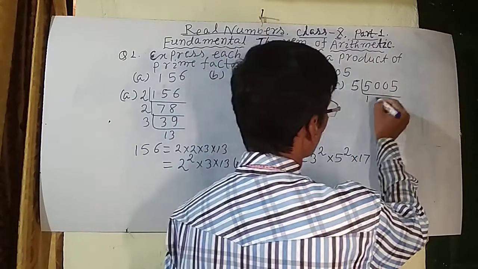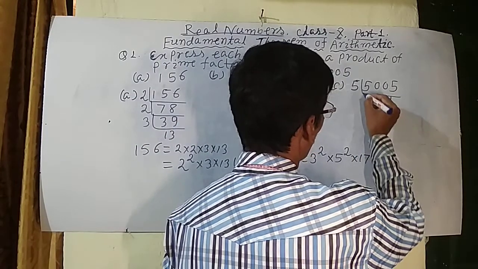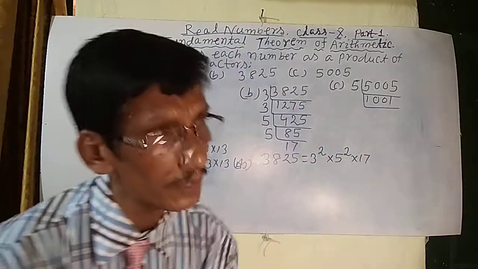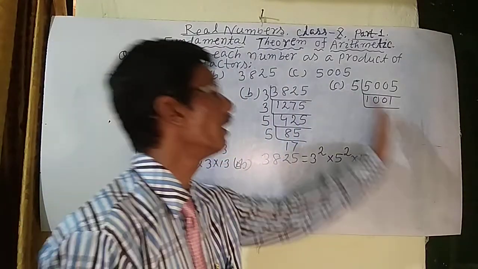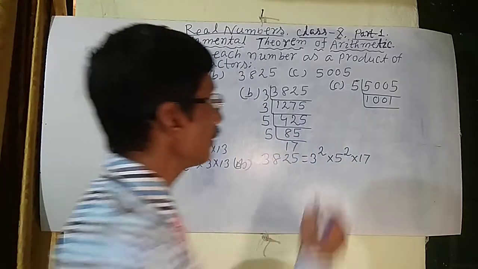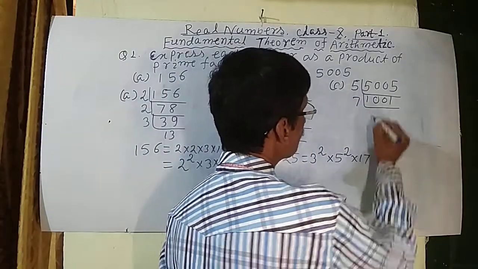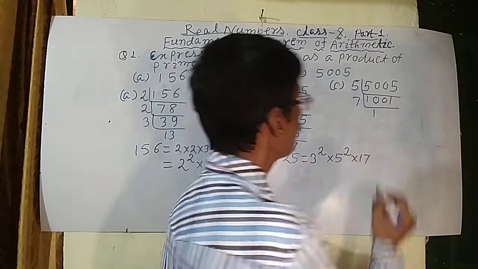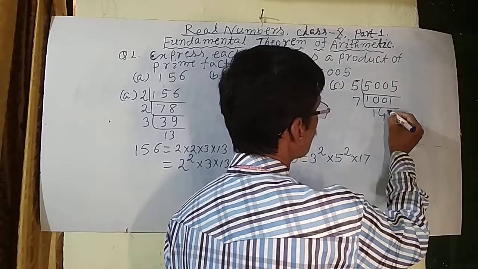So 1001. And which number is divisible next? It is not divisible by 2, 3, and 5. So which number divides? 7 times. So 7 times 143 comes.